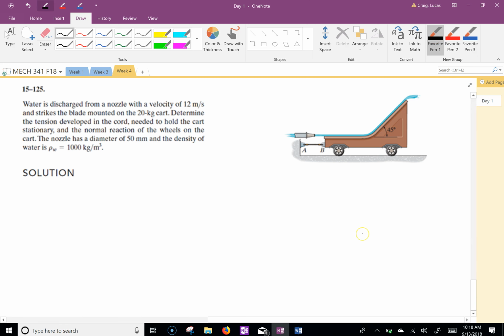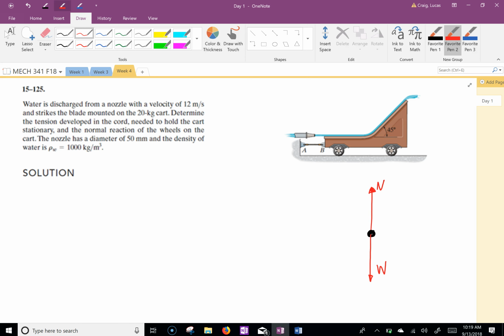Let's pretend the dot here is the cart. So give me one force acting on this cart. Weight. Then we have normal.